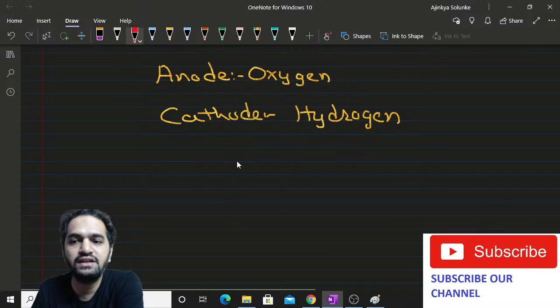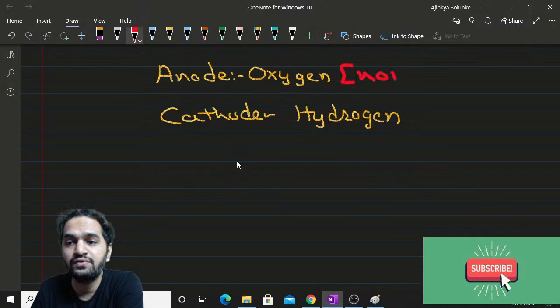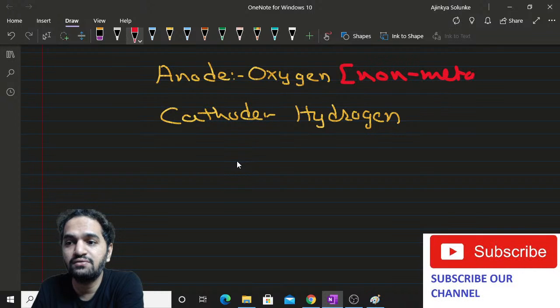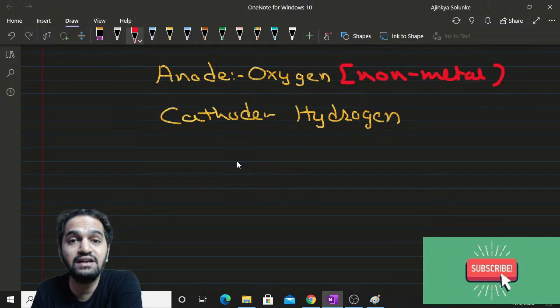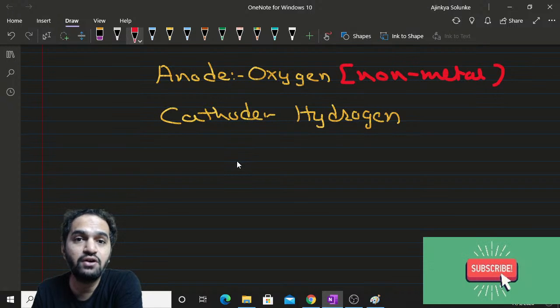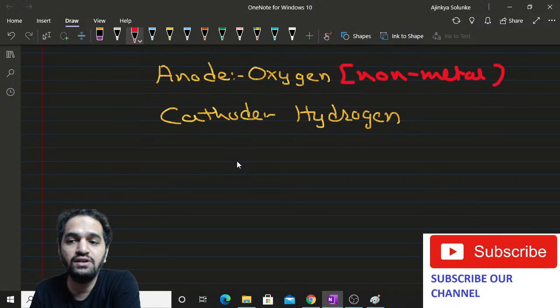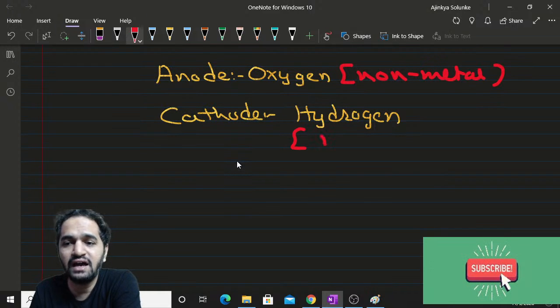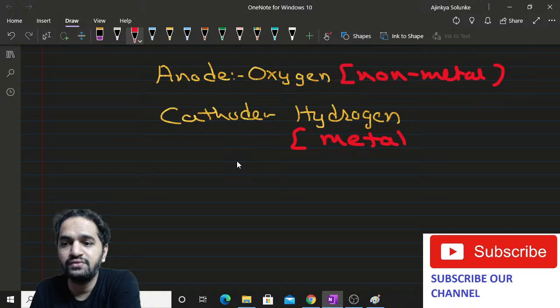The reason being oxygen is a non-metal. And hydrogen, even though it's a gas, has metallic character. That is one of the reasons why it has been kept above sodium in the periodic table. So even though it's a gas, it's not exactly a metal, but it has a metallic character.